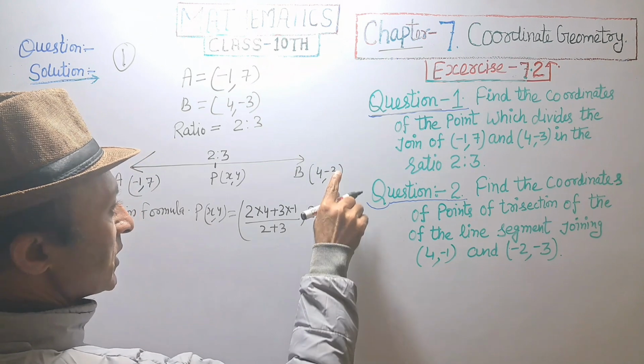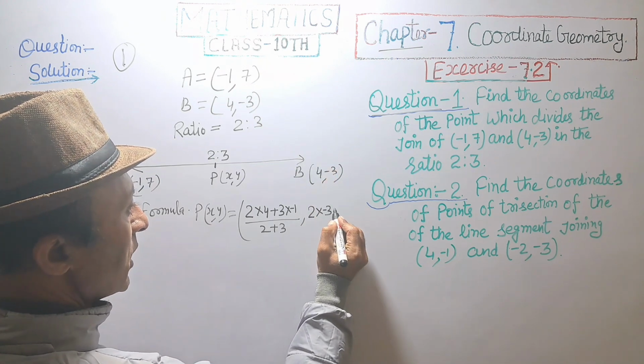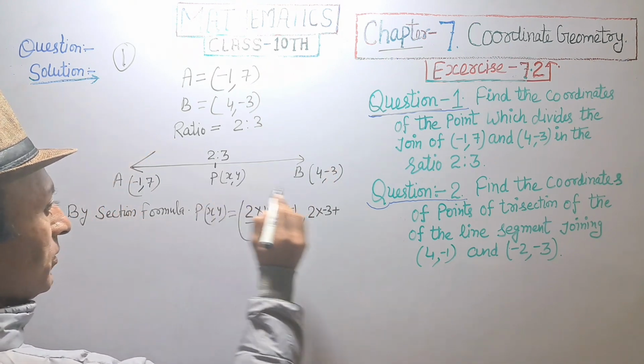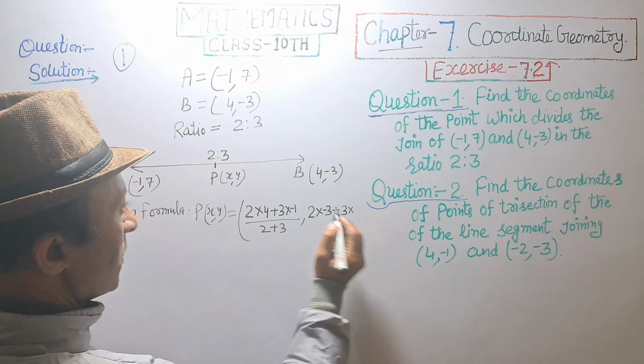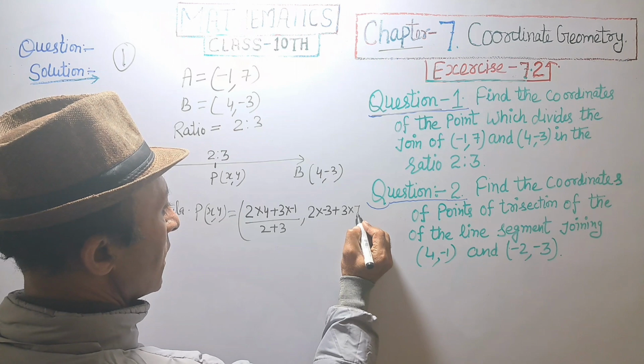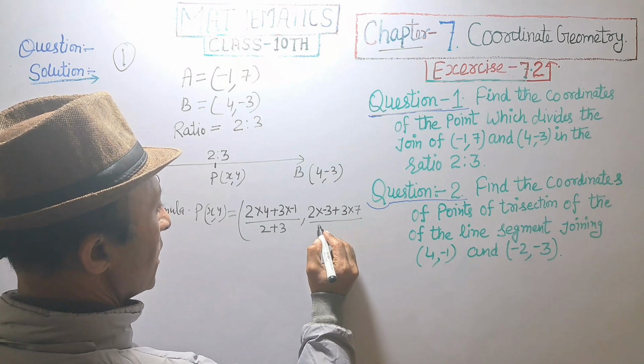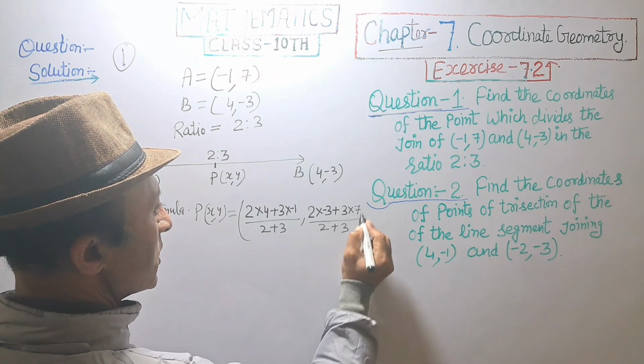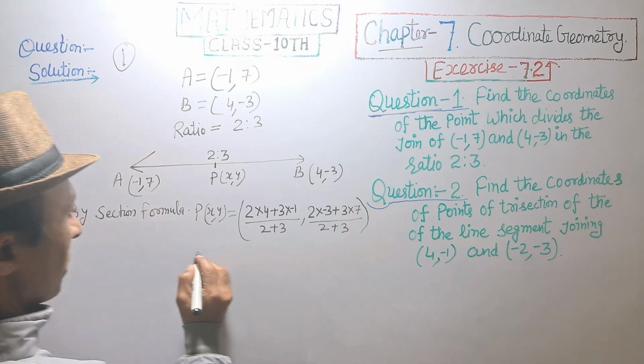2 multiplied by the second point -3 plus 3 multiplied by 7 divided by 2 plus 3.